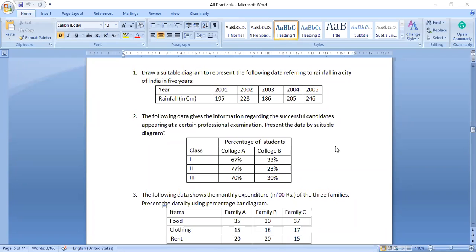It is not a very difficult task for us. One can very easily draw it because you have done all that under HSC level or SSC level. So let us see. This is the example we have given.